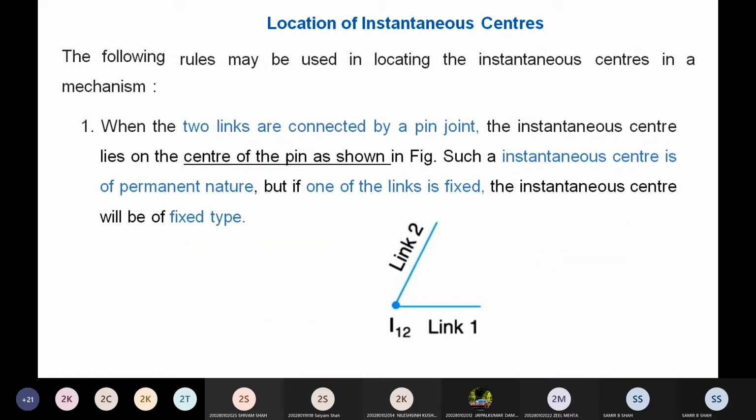No, sir. Okay. If a pin joint is there and two links are there, and they coincide at one point, then the point is known as the I center of that point. But there are two chances: either it may be a permanent type or a fixed type.